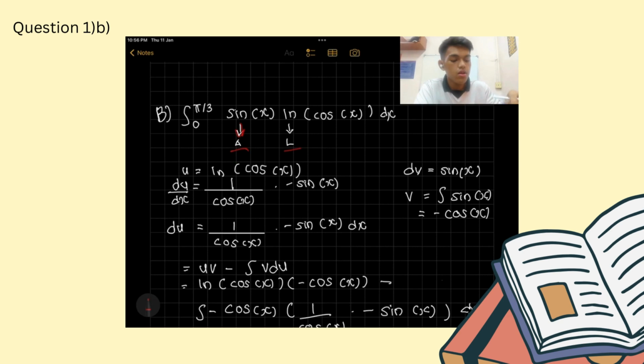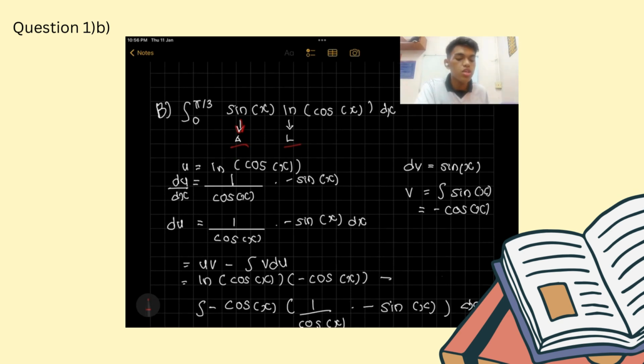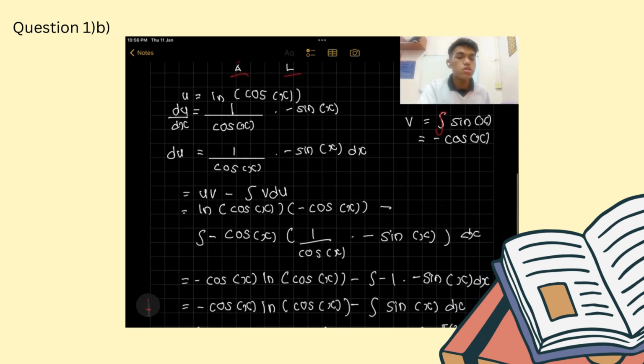So du equals 1 over cos x times minus sin x dx. After that we make dv equal to sin x dx, and integrating sine gives v equal to negative cos x. We will use the by parts formula because it is given by the question: uv minus integrate v du.